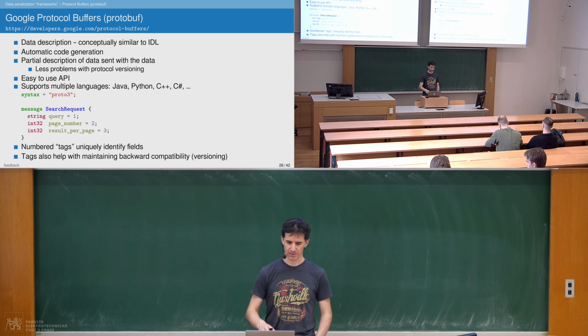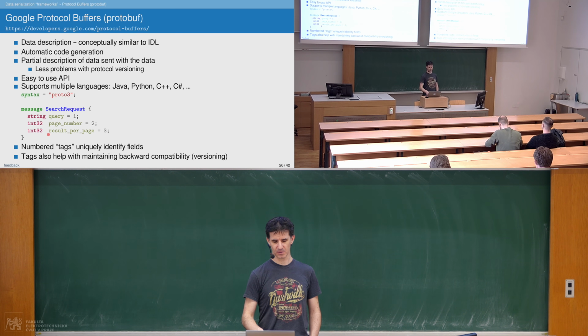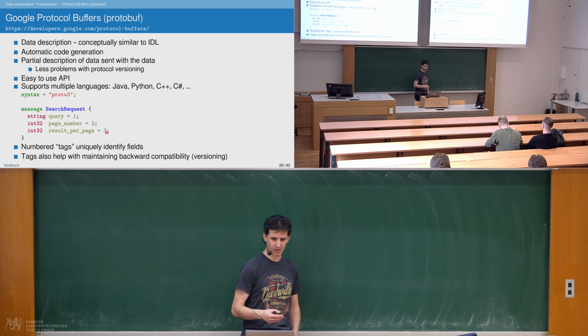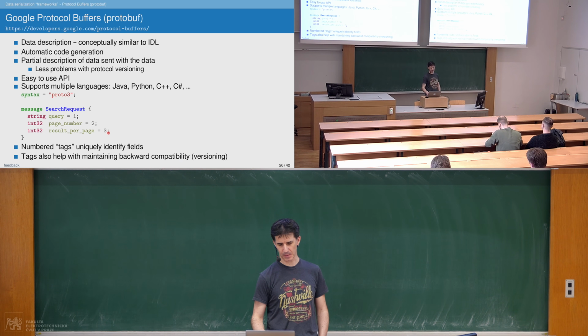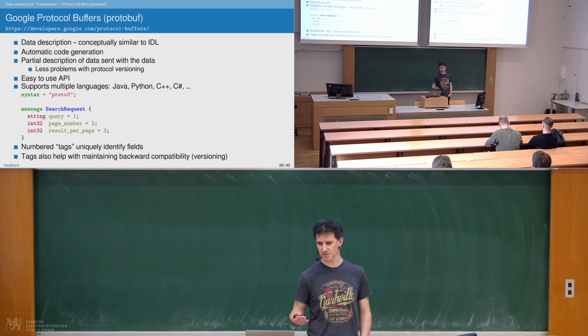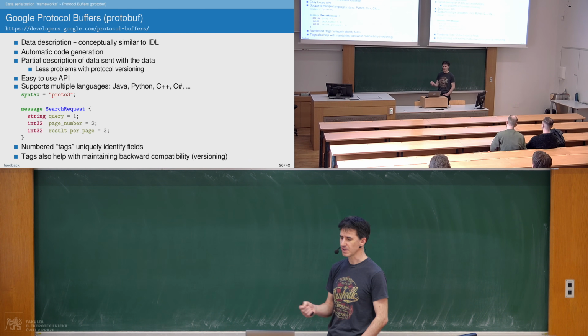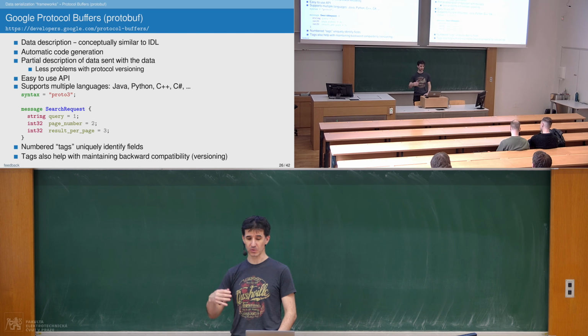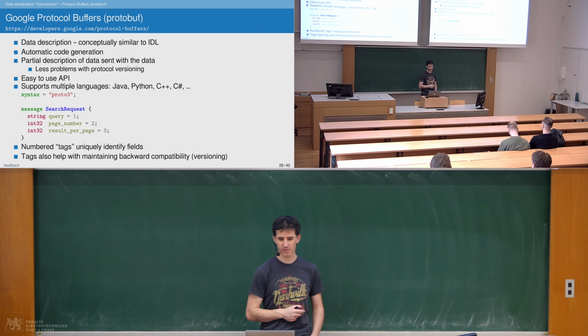For example, if you add a new field to this data structure, it will be given a new number 4, and on the receiving side you can always ask, is there field number 4 in this data structure? If yes, then I know this is a new version. If not, I know this is the old version, and it works.